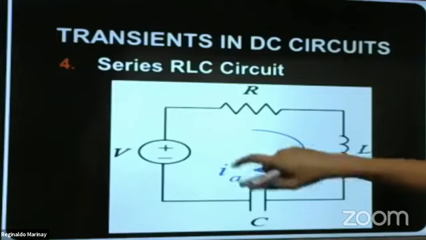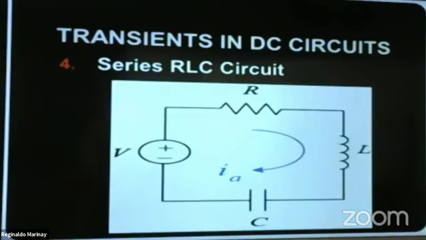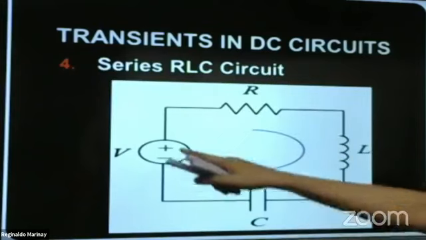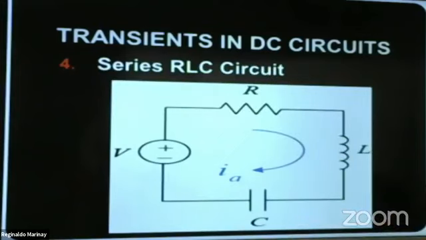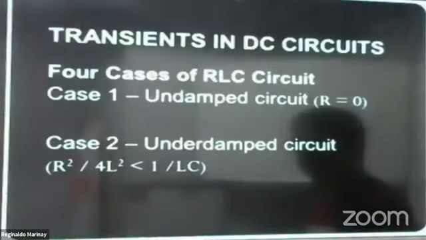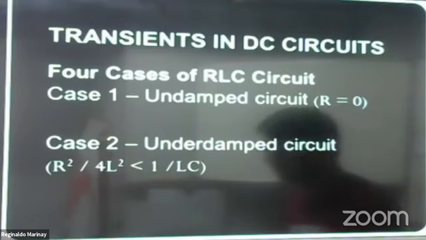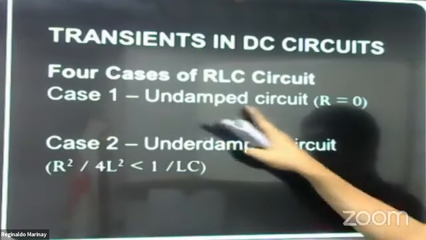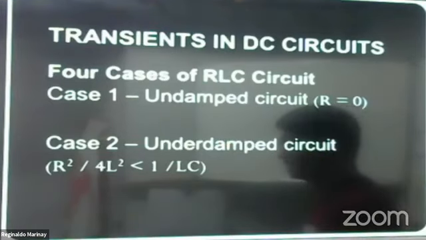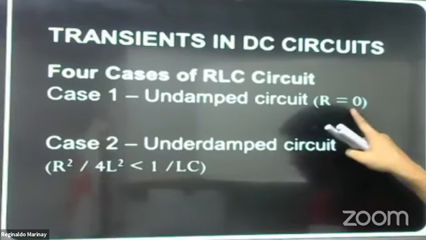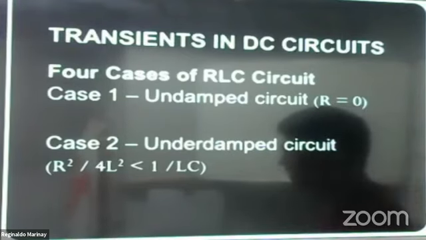So we have the series RLC circuit with a DC source here. What's important to know are these 4 cases of DC RLC. Case 1 is what we call the undamped circuit. In the board exam, it is an objective type question.